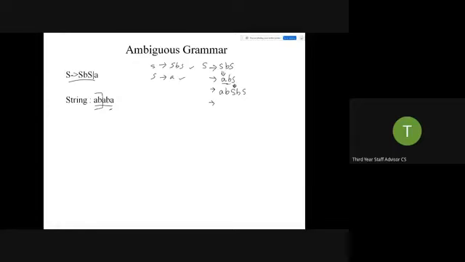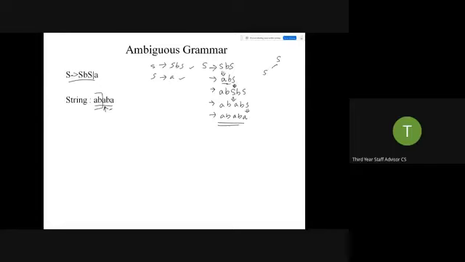Here, in the next step, we have to replace this leftmost S with A. We have to get A in the string, so we replace that S with A. Okay, A B S. Then in the next step, we replace this S with A, so we will get A B A. So we have reached the string from the start symbol S. This is one of the leftmost derivations, and what will be the parse tree for this?